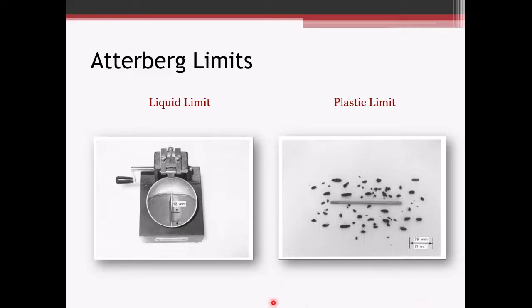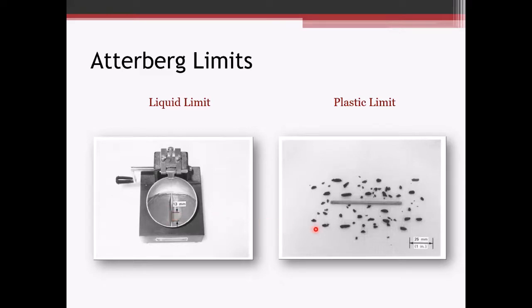So the photo on the left is the liquid limit apparatus. And in this test, the sample is placed in the cup, and then there's a grooving tool that makes a groove in it. And the liquid limit is basically the moisture content where this gap closes up at 25 blows of that cup on the block there.